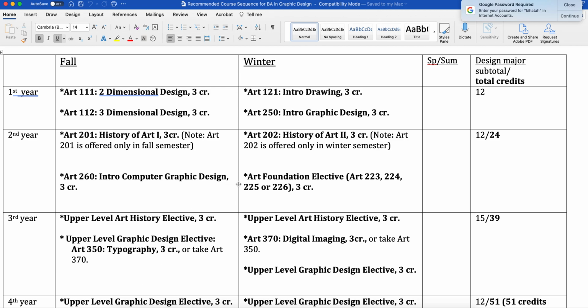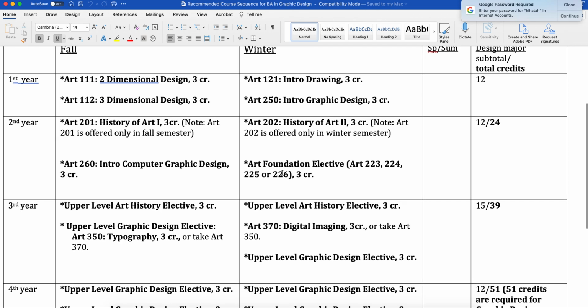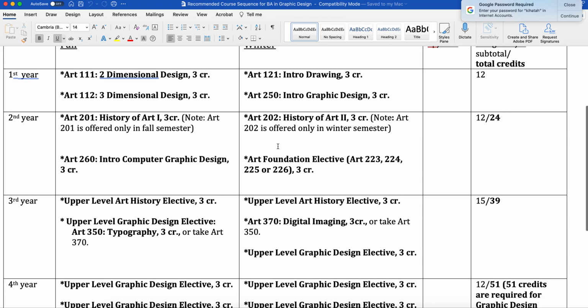The reason is typography is here because you've taken 260 at this time, you could possibly move it. But it's good to get this done, and we organized this so that you take two courses at the same time as much as possible, because there are other gen ed courses you have to take.